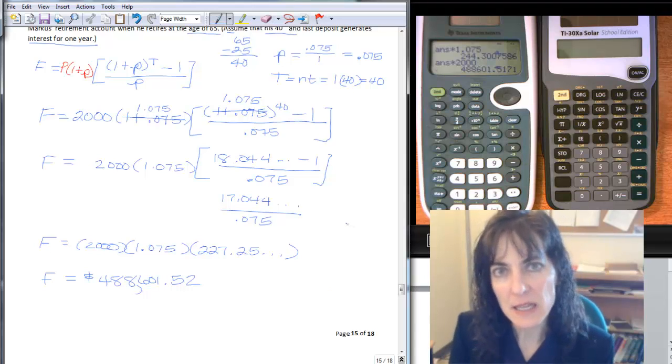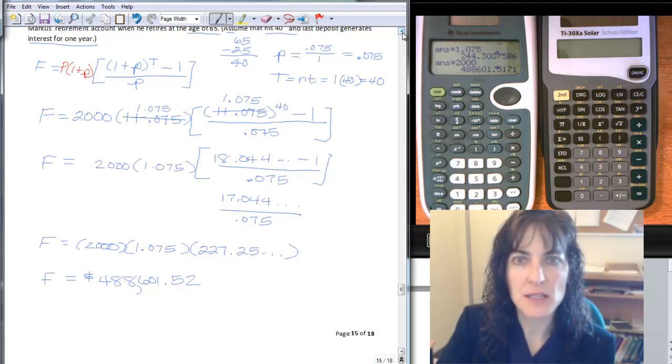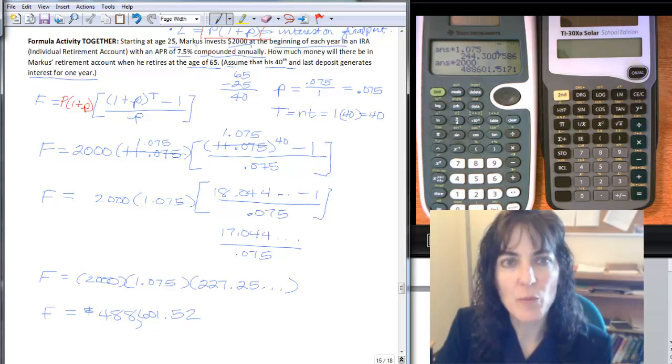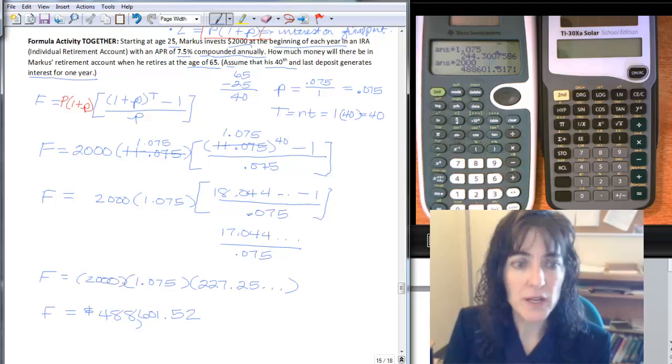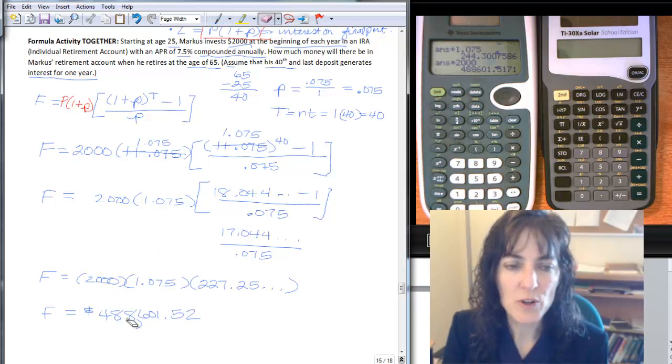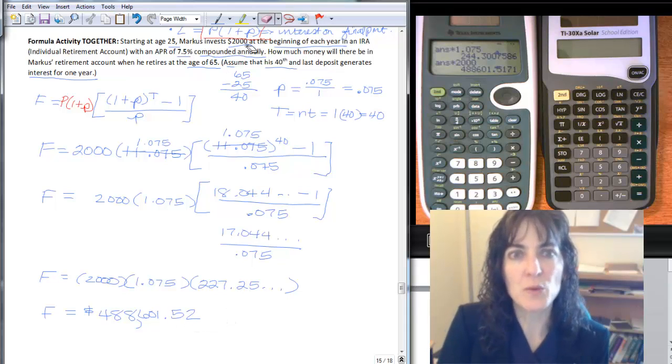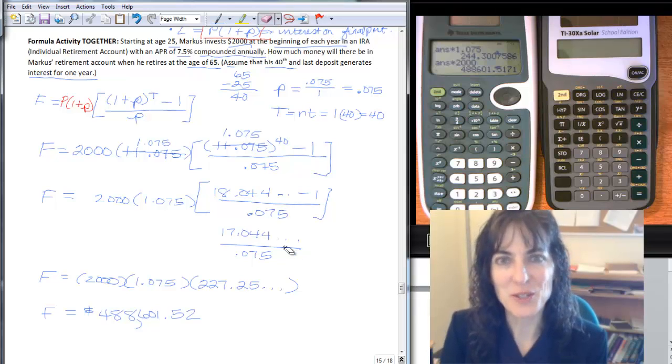Now what this is telling me is that if I deposit, let's go back up here just a little bit, if starting at the age of 25, Marcus deposits $2,000 into his IRA every year, so once a year at the beginning of the year, and he can earn 7.5% compounded annually on his account, in 40 years when he's ready to retire, he's going to have $488,601.52 for his retirement if he just puts away $2,000 at the start of every year into his IRA.